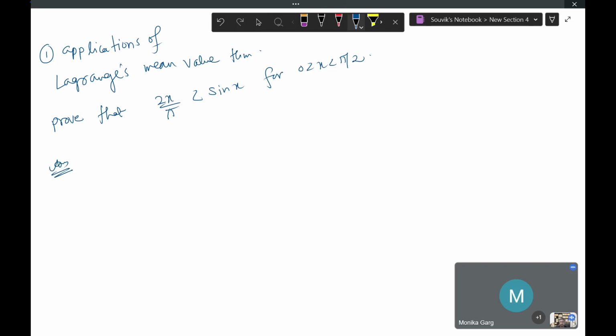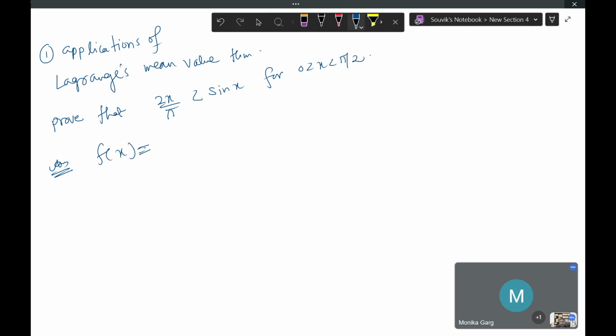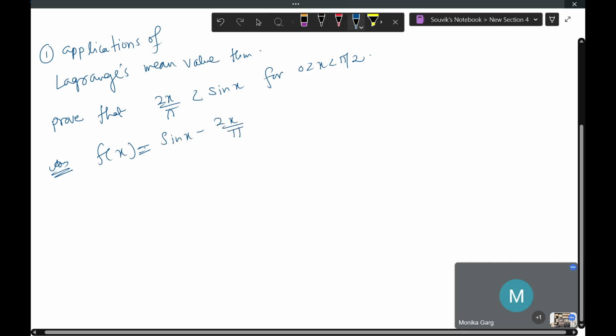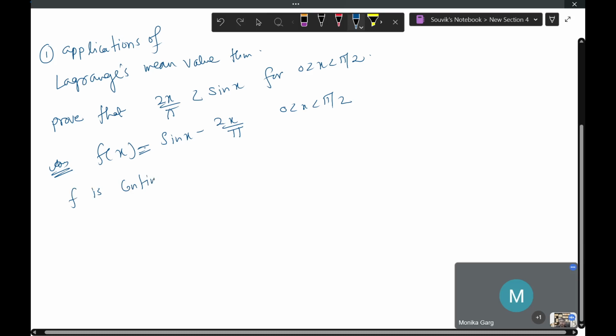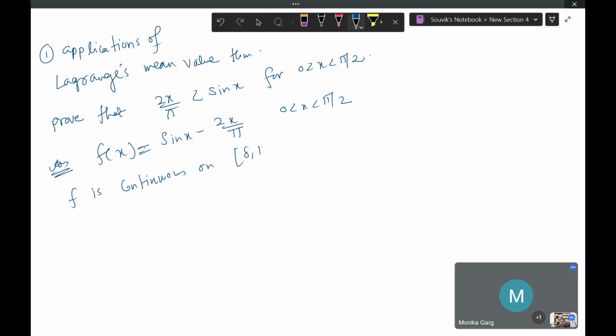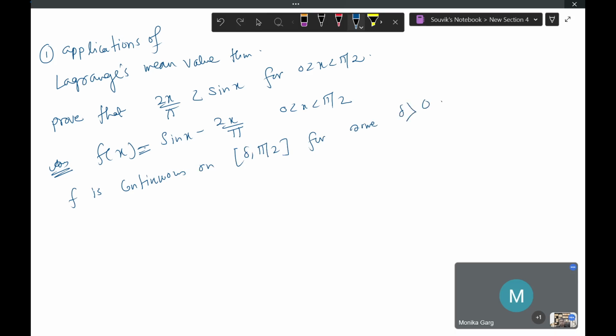For this type of problem, first we start with a function so that we can use the Lagrange's mean value theorem. So let's take f(x) is equal to sin x minus 2x by pi, for 0 less than x less than pi by 2. Obviously f is continuous on the closed interval [delta, pi by 2] for some delta greater than 0.